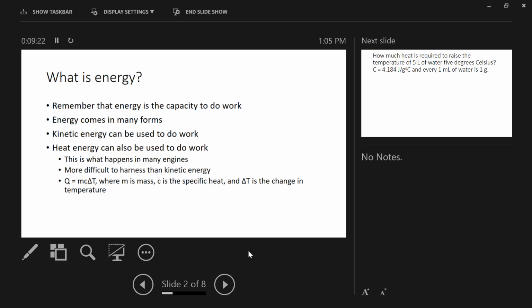Okay? Does that make sense? So these are our units for C. I don't have that listed on this slide. On the very next slide, we have our first practice problem that we'll do together, and I'll actually give you the specific heat of the object. All right? So this is what specific heat is. It's the amount of energy required to heat 1 gram of it, 1 degree Celsius. And we use degrees Celsius, even though we use degrees Fahrenheit.